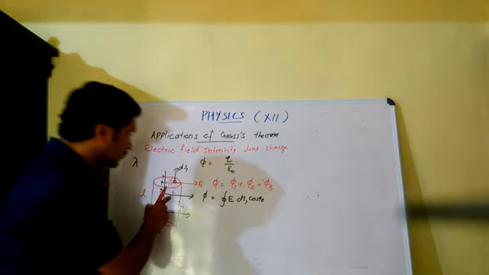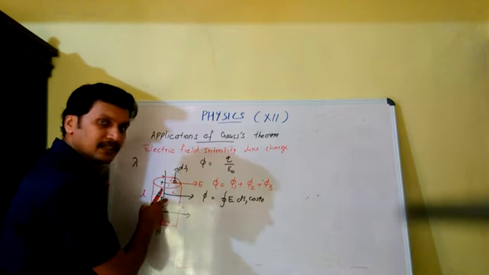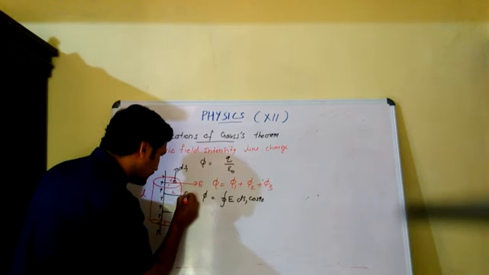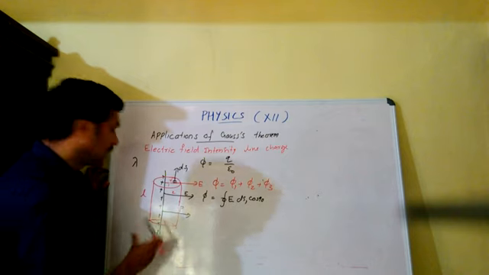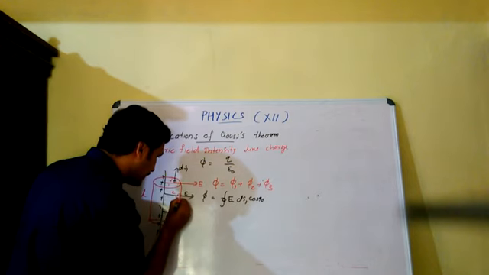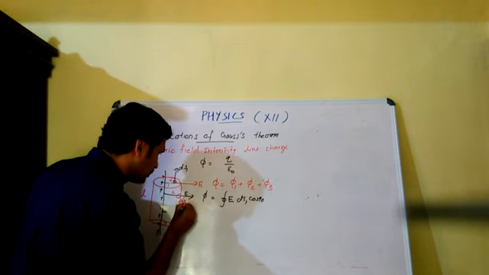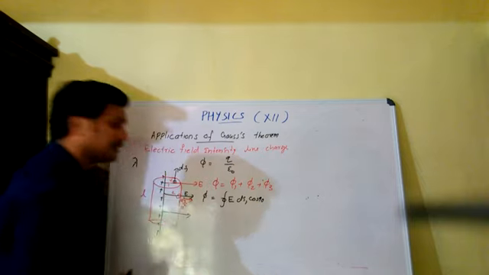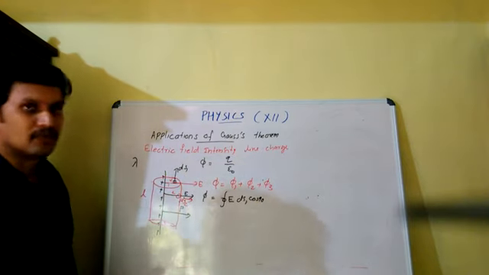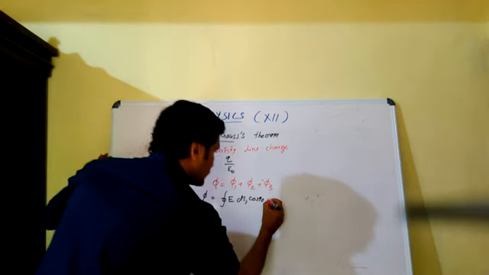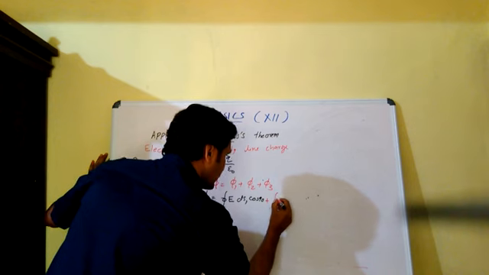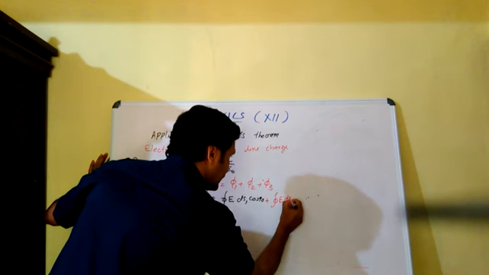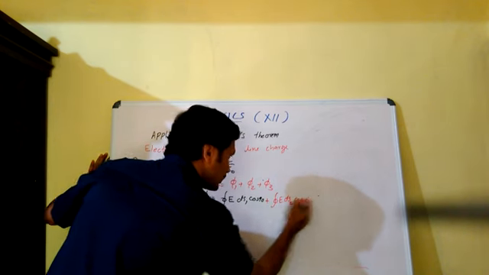Now for the second surface, this is the direction of electric field. If you take a very small area element here, ds2, the angle between ds2 and E is 0. So the flux is the surface integral of E into ds2 into cos 0.